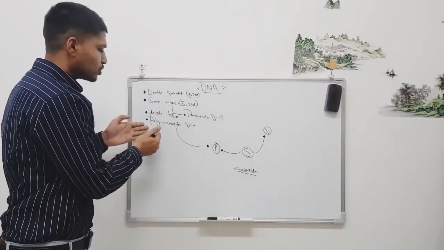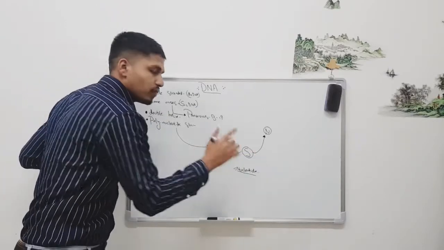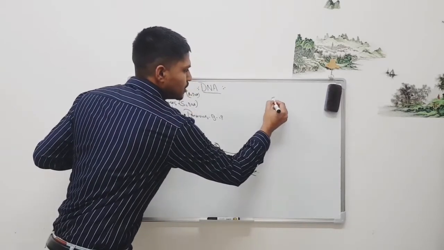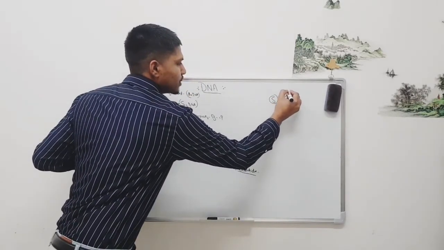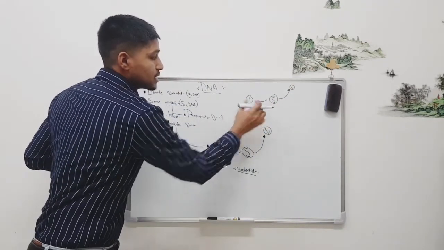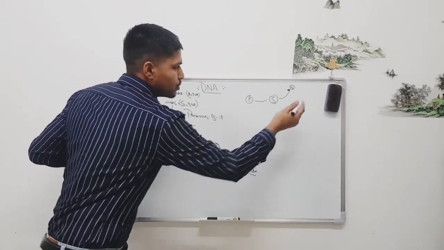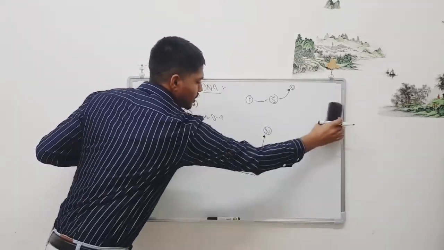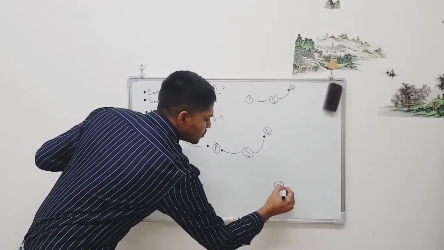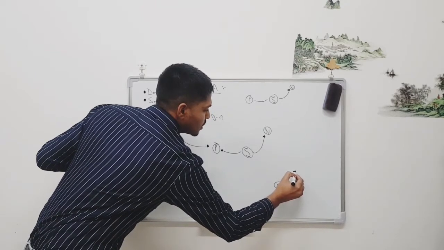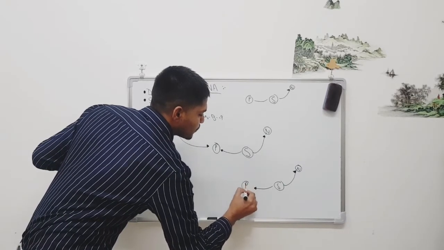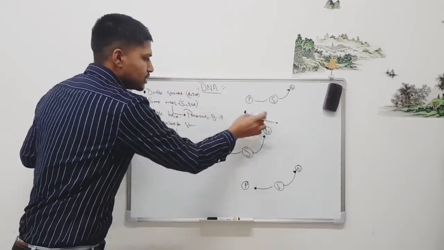Here I discuss the polynucleotide. If this is one nucleotide structure, suppose here we make another: this is the sugar molecule, here is the nitrogenous base, and here is the phosphate molecule. Suppose we make another one as well, with a sugar molecule, a nitrogenous base, and a phosphate molecule.